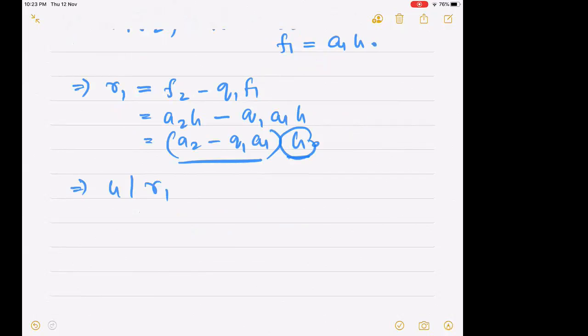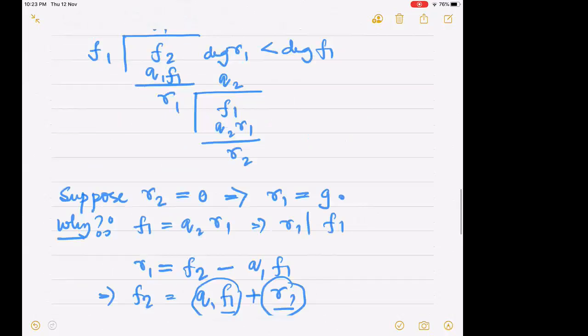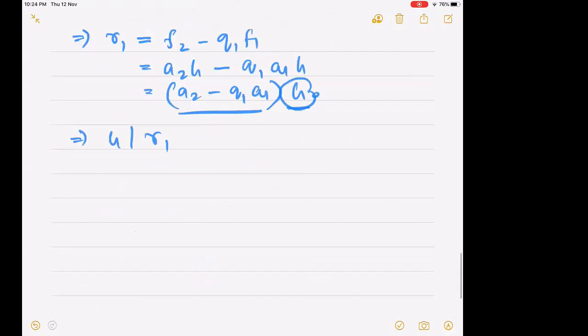Yeah, so the monic version of R1 is going to be the GCD, right? So here we see that this remainder, the one that divides F1, so R2 is 0, is indeed a greatest common divisor. And this may seem a little special, so let us try and carry out this a little longer.